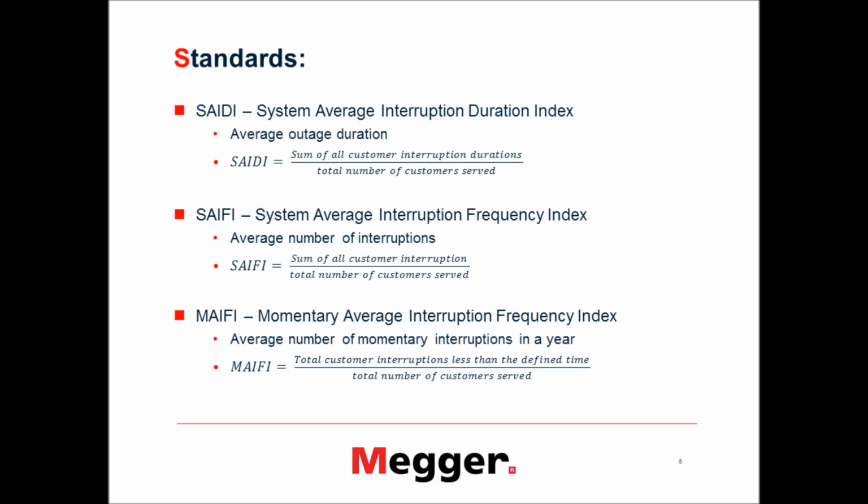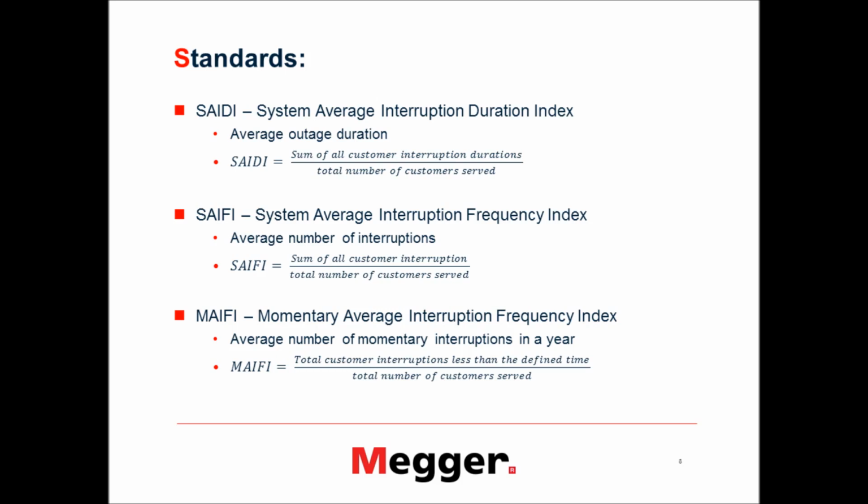The second one is SAIFI, which is the System Average Interruption Frequency Index. So that is the average number of interruptions, and that is given by a ratio of the sum of all customer interruptions by the number of customers served. Again, this needs to be as low as possible, because the occurrence of faults or interruptions will generally lead to the outage time as well.